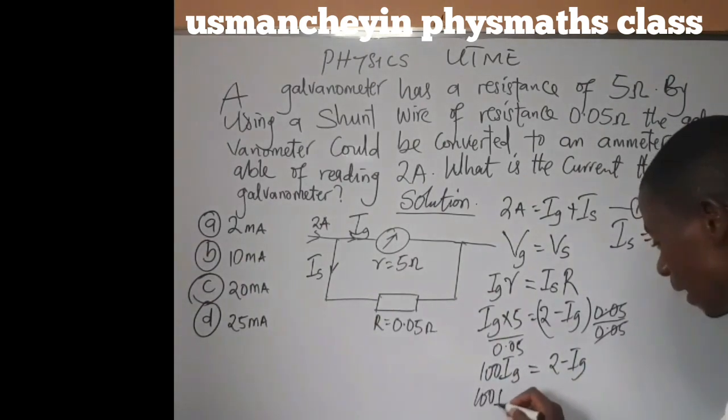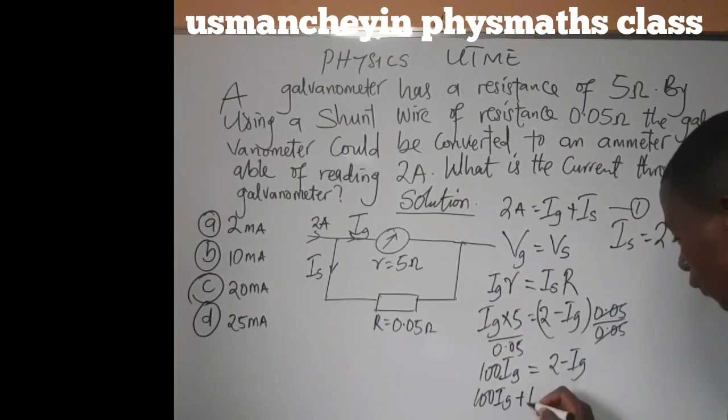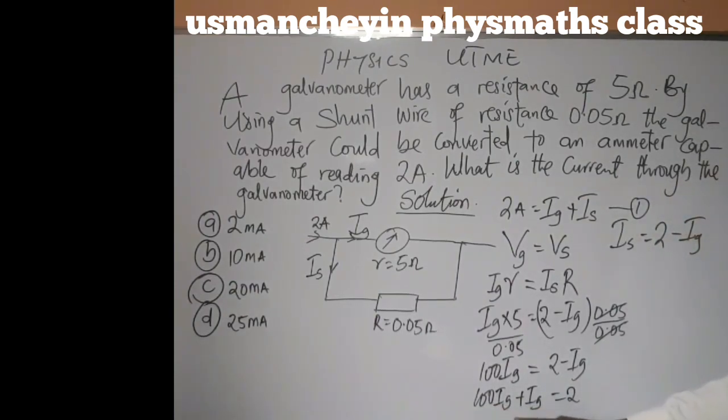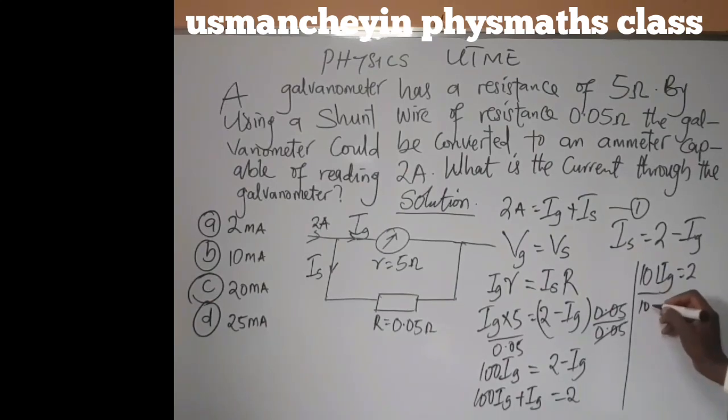So we have 100 I of G plus I of G equal to 2. Now, 100 I of G plus I of G is going to give us 101 I of G.